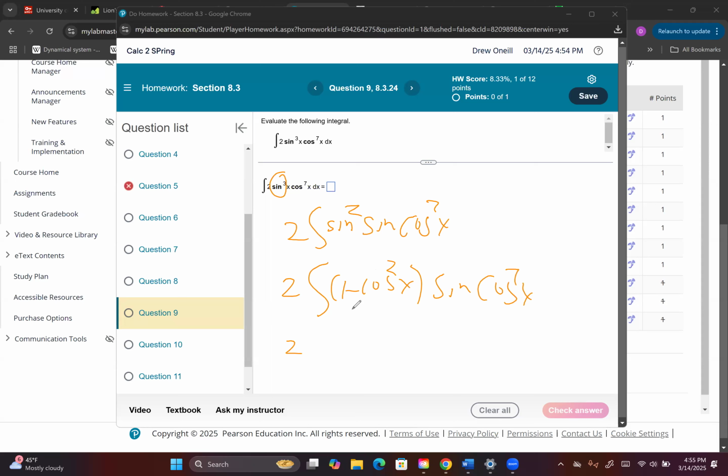And how I think about that is cos is u because this is the one that has the 1 power. So that's going to be my du. So I really think about this as 1 minus u squared times u to the 7th du, and this is a calc 1 integral, right? This is just u to the 7th minus u to the 9th du. So you just add 1 to the exponent and divide by the new exponent, and substitute back for u.